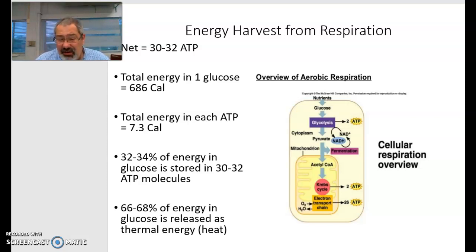The remaining energy from this initial glucose molecule is released as thermal energy or heat. So you see about 66 to 68% of the energy being released as heat. So from the thermodynamics portion of chapter 6, energy is always conserved. So the amount of energy is the same at the end of respiration, but the energy quality is not as good. 32 to 34% is the quality.